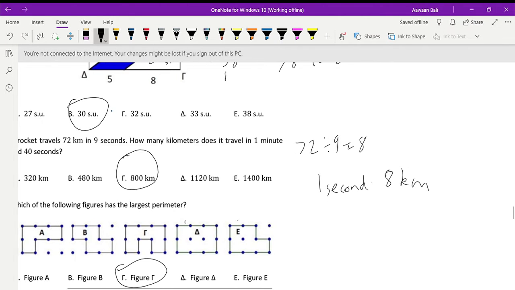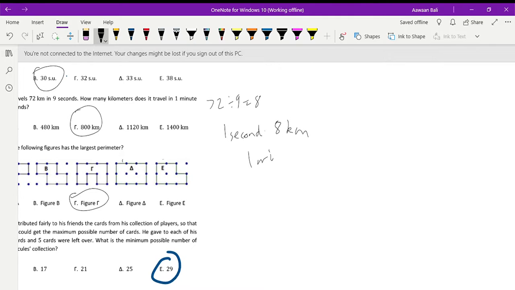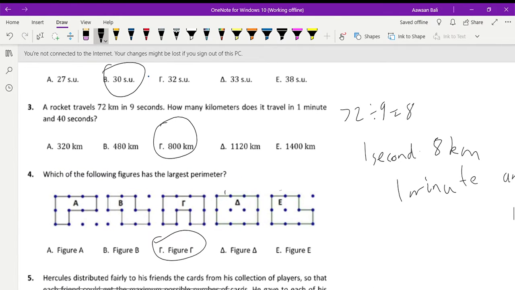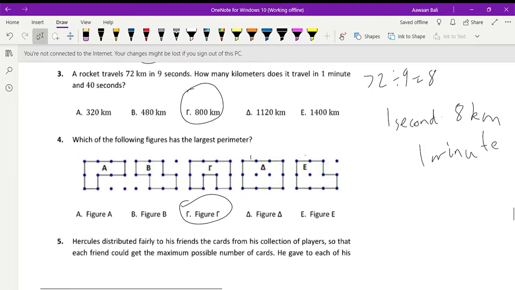And now 1 minute and 40 seconds is equal to 100 seconds, basically. Since we know the length that the rocket can travel in 1 second, we can just add the 2 zeros. So 8 times 100 is 800 kilometers. Therefore, the answer is gamma, 800 kilometers.